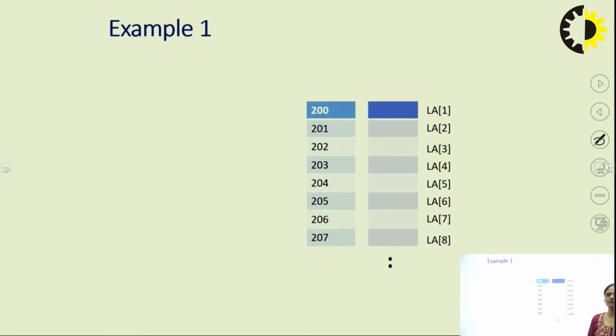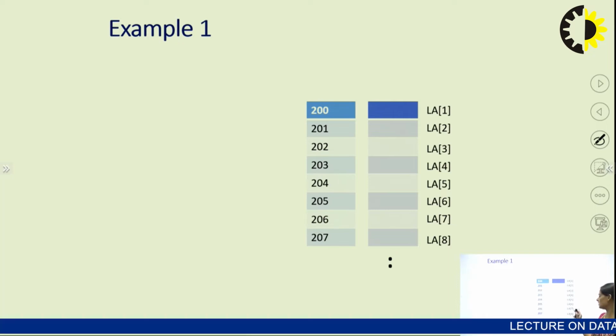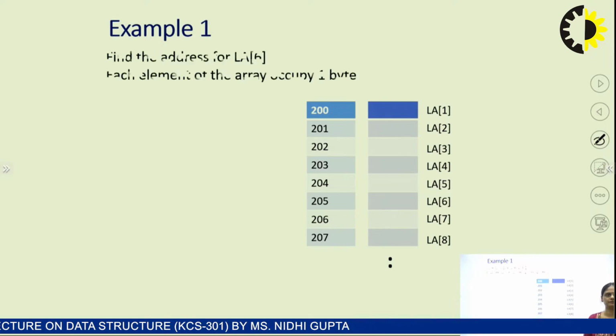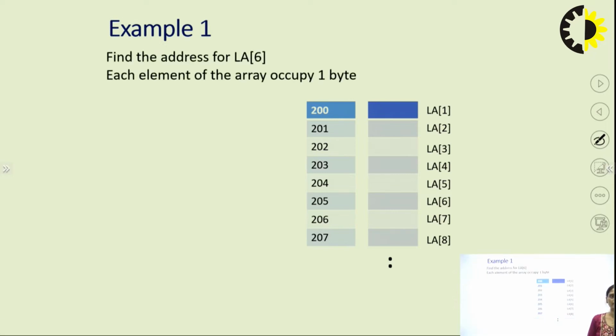So 1 is the lower bound, and if the array goes up to this many elements, then the UB is 8. The question is to find the address of the array at the 6th position. So the index number is 6. Each element of the array occupies 1 byte. This is given to us.